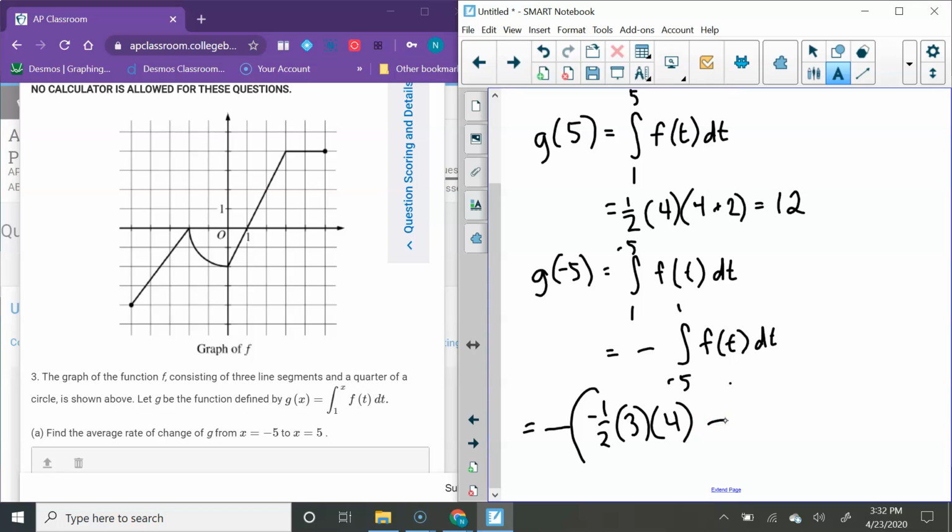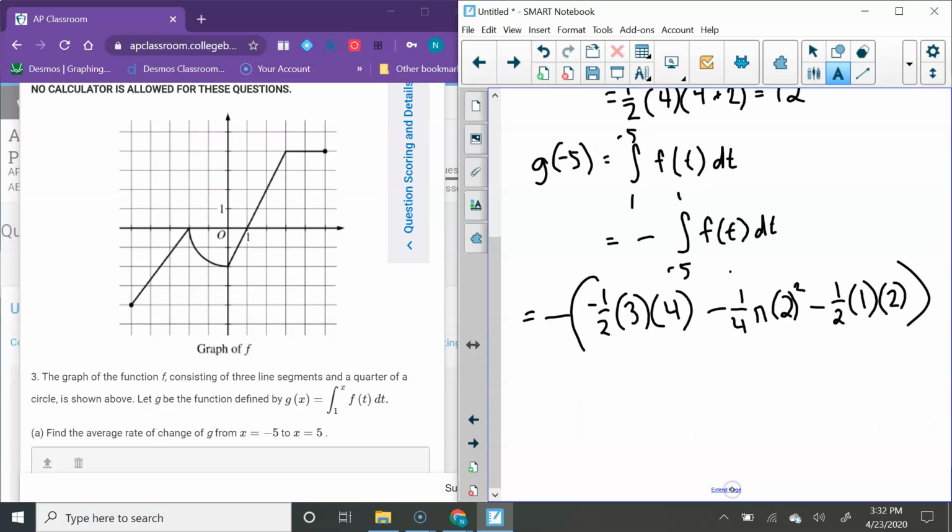It's also going to be negative because it's below the x-axis, so it's going to be 1/4 pi 2 squared, a quarter of pi r squared there. And the last part's that little teeny triangle right there, and it's just going to be 1/2 times 1 times 2. And technically you could leave it like this, but since we've got to do something else with it, let's simplify it.